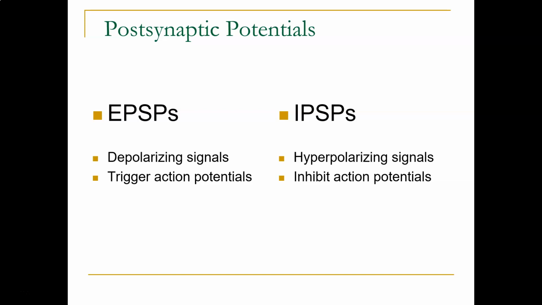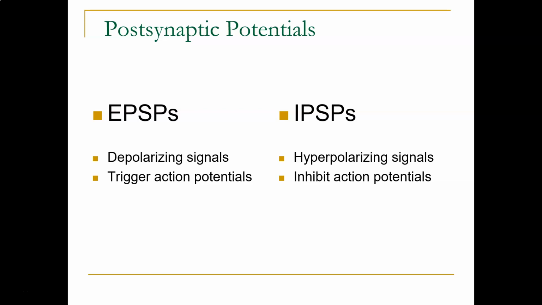So for graded potentials in motor and interneurons, if it's a positive charge that is a depolarizing current, then that can trigger action potentials. That's why they call it an EPSP, E for excitatory. If it's a wave of negative charge or hyperpolarizing signal, when that gets to the beginning of the axon, that's going to inhibit action potentials. And again, I know I'm repeating over and over, but why?